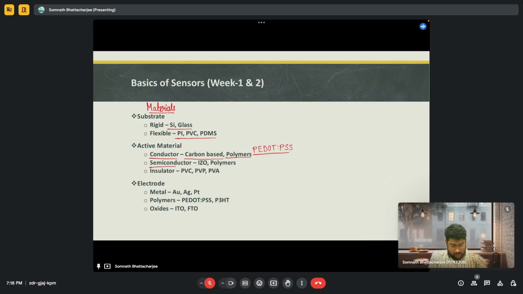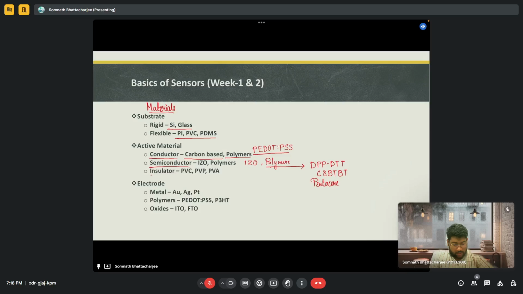Apart from that, for semiconductors, it can be IZO, indium zinc oxide, or different polymers can also behave like a semiconductor, something like DPP, DTT, C8-BTBT. There are several polymer semiconductors. Based on your specific use case, it may be solution processed or thermally evaporated.